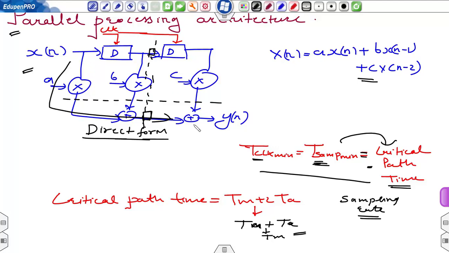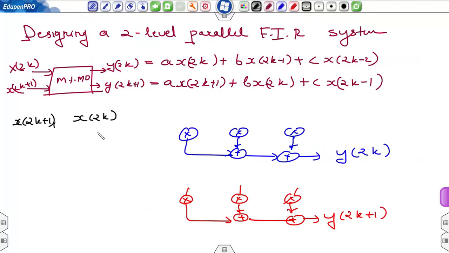You have to use 3 multipliers, 2 adders, and 2 delay elements. And if you use a similar structure, then also you will be using 3 multipliers, 2 adders and 2 delays, so total 6 multipliers, 4 adders and 4 delays will be used. So we cannot reduce the number of add and multiply operations, we have to use the same 6 multipliers and 4 adders, but we can optimize the number of shift registers if we connect these two input sources properly.